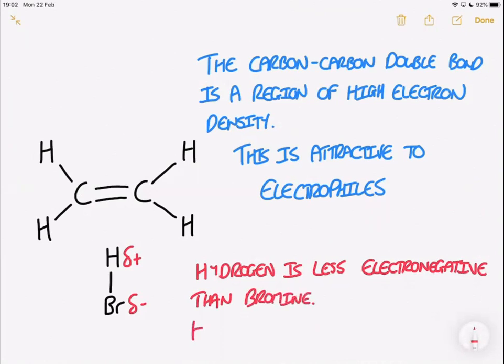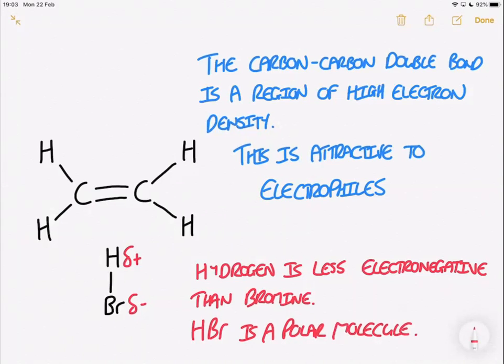Therefore HBr is a polar molecule. It has a permanent dipole. It has a partially positive end, the hydrogen end, and a partially negative end, the bromine end.